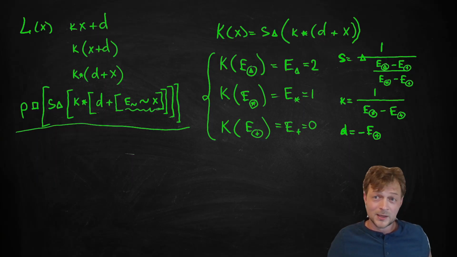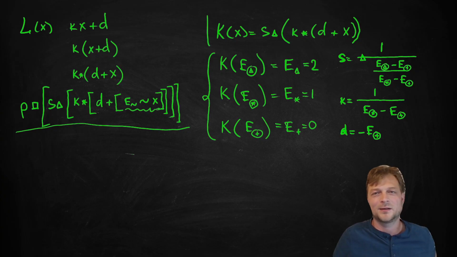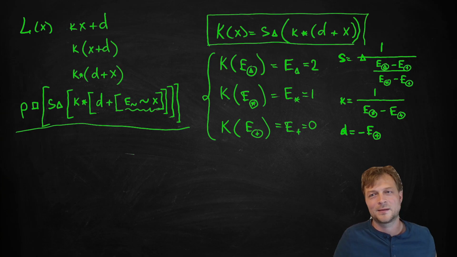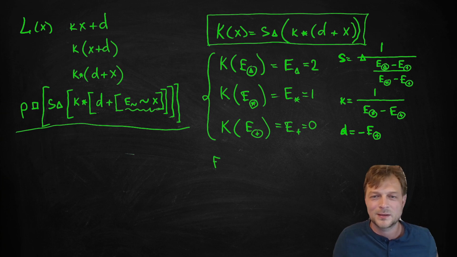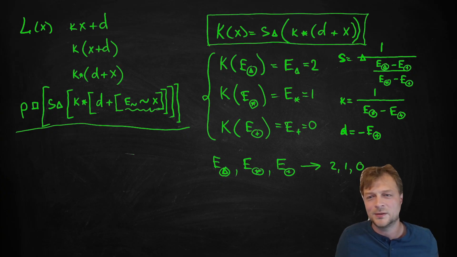Once you got S, K, and D, you can now define this function K. This function K transforms desired e triangle, e multiply, and e plus to canonical 2, 1, and 0.